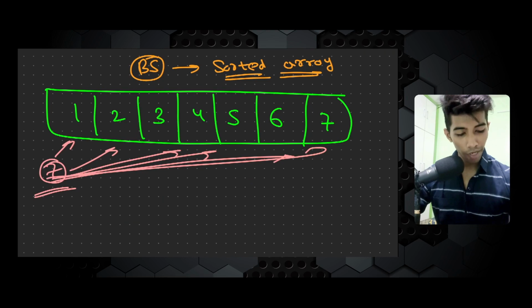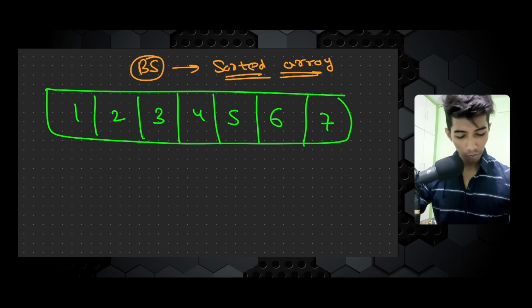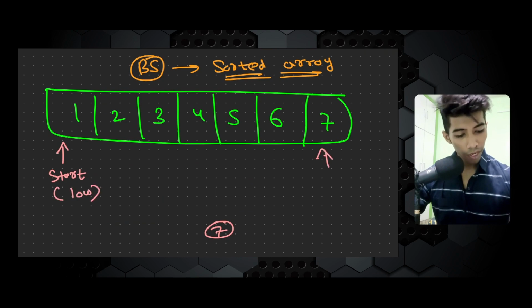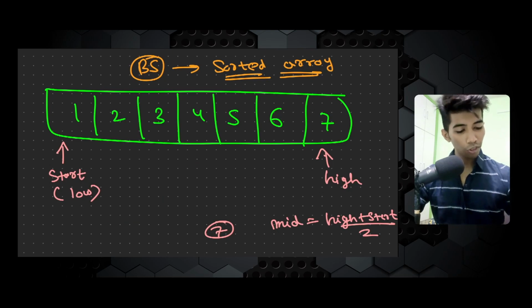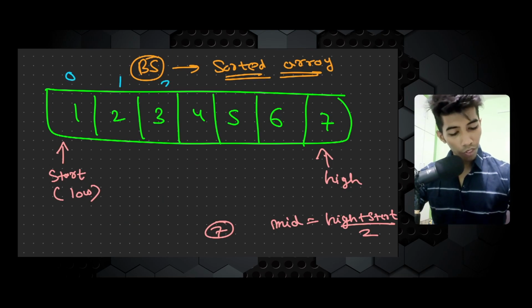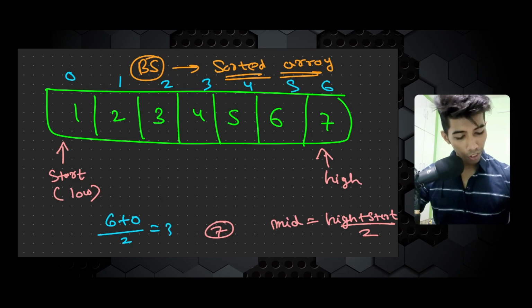But in the binary search, first I will have one start pointer, which we can take as low, and one high pointer, and I will first find the mid pointer. So in this case, my high is at 0, 1, 2, 3, 4, 5, 6. So 6 plus 0 by 2, which is 3. So my mid pointer will be here.